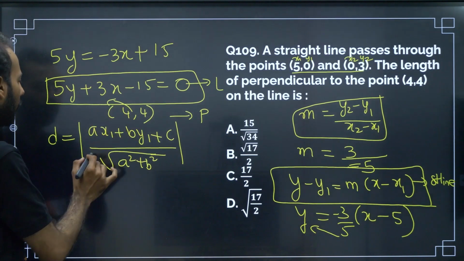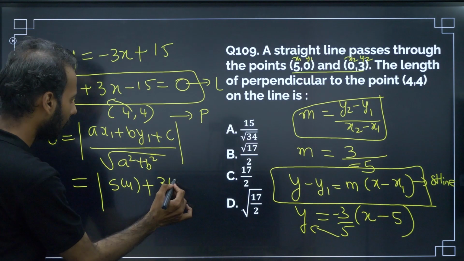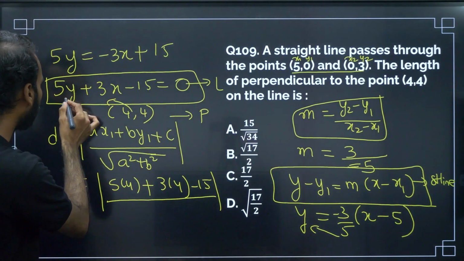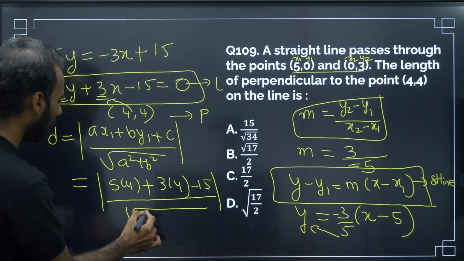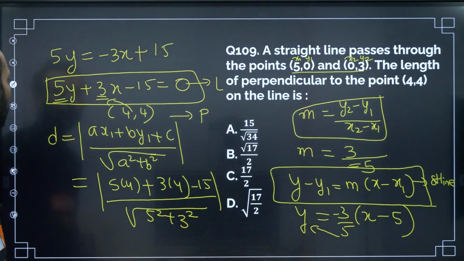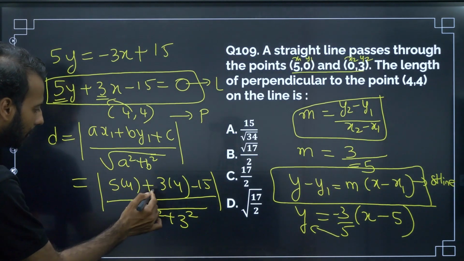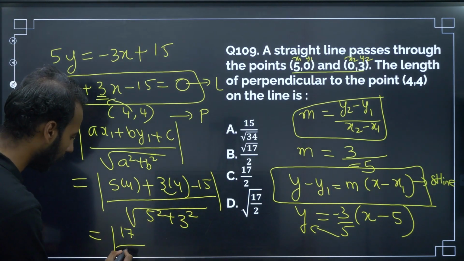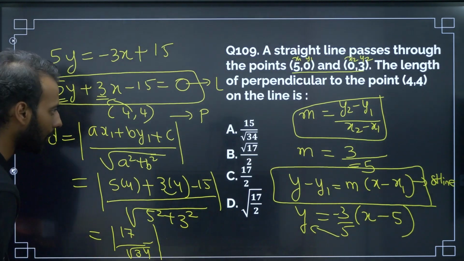You substitute 4 comma 4 in this: 5 into 4, plus 3 into 4, plus c which is negative 15, divided by root of 5 square plus 3 square. If you simplify, 5 fours are 20, plus 12 is 32, minus 15 is 17, by root of 25 plus 9, which is root 34.